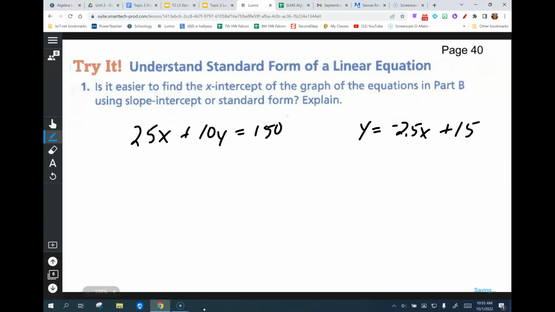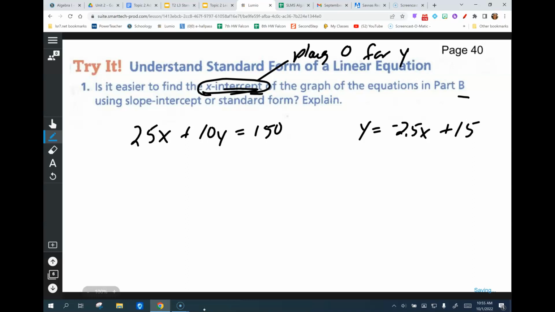So what this is saying is, is it easier to find the x-intercept of the graph of the equation in part B using slope-intercept or standard form? So which one would be easier? Well, to find the x-intercept, what do I do? That's right, I'm going to plug 0 in for y. Whenever I find an x-intercept, I'm always going to plug 0 in for y.